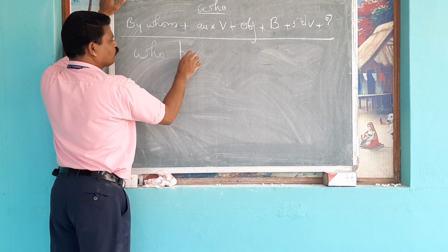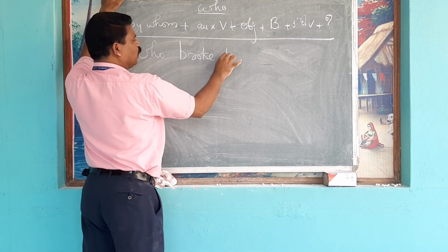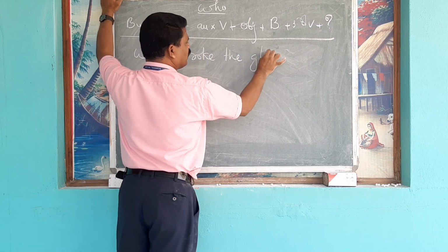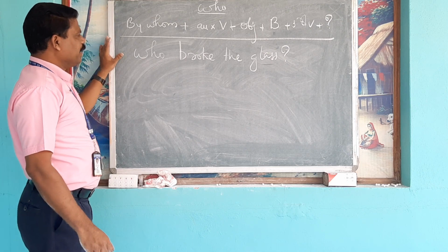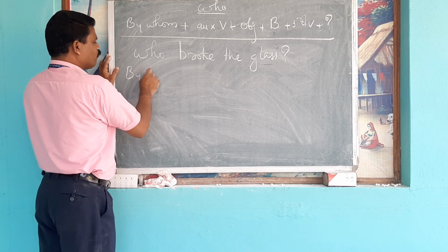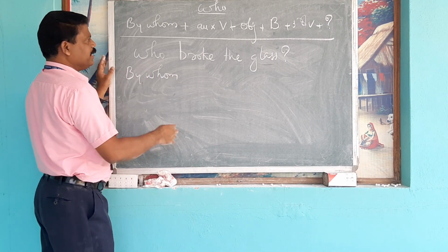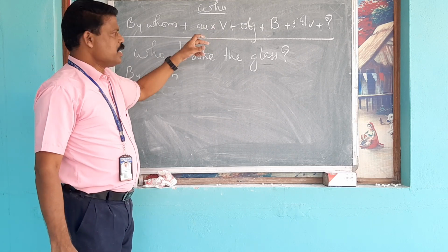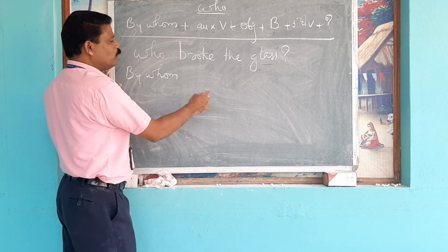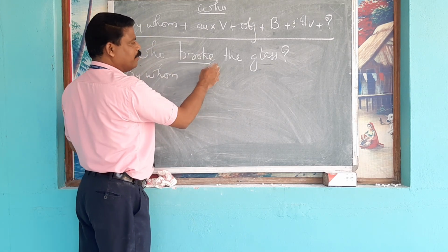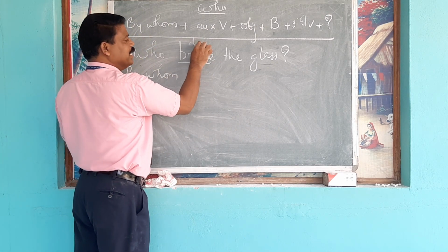Who broke the glass? So first we have to write by whom, then the auxiliary verb. There is no auxiliary verb in this sentence, so we have to find the auxiliary from the verb broke. Second verb is did.